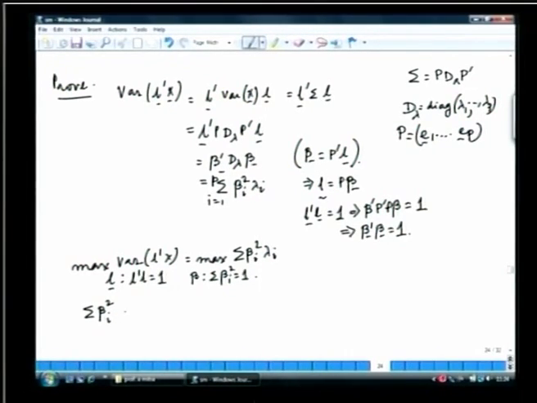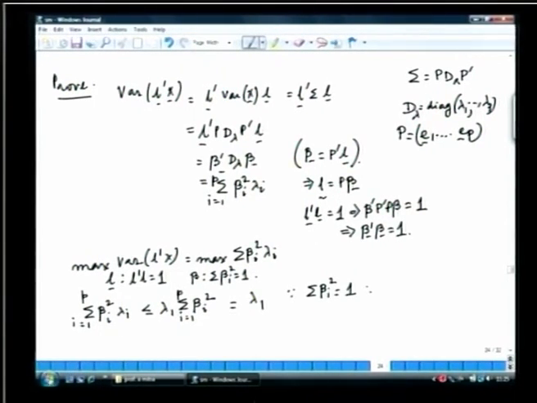So, I have summation beta i square lambda i, i from 1 to p. This has to be less than or equal to what I get if I replace all the eigenvalues with the maximum eigenvalue. So, I am writing lambda 1 for all lambda i's, and hence I get this less than or equal to sign, and then summation beta i square remains there. This is equal to lambda 1 under the condition that summation beta i square is equal to 1.